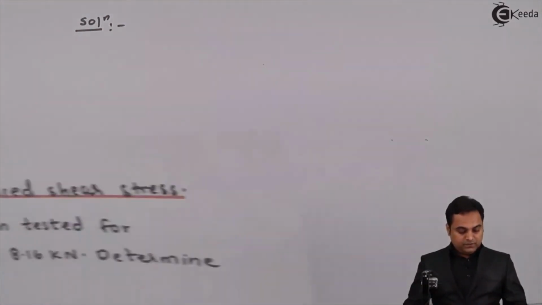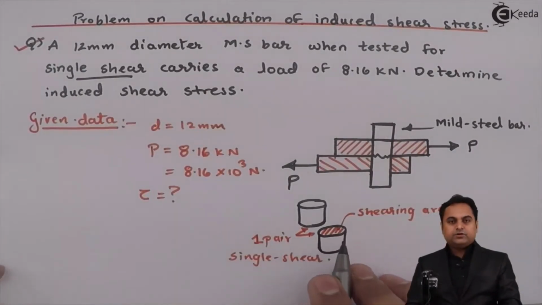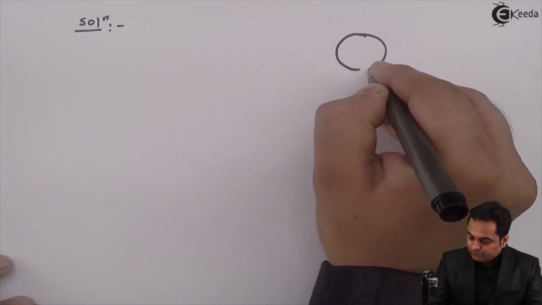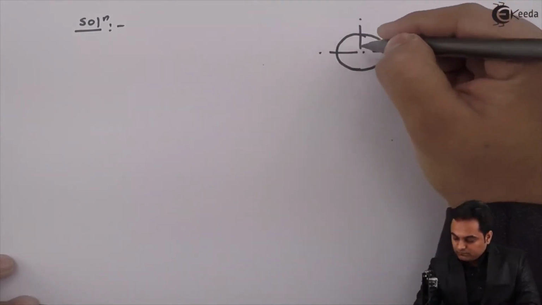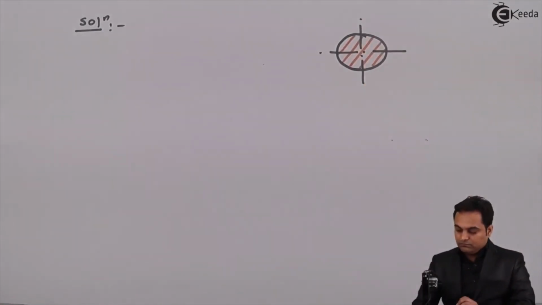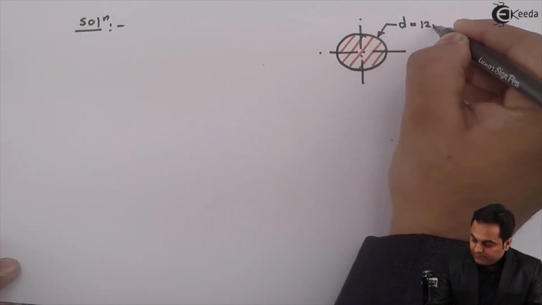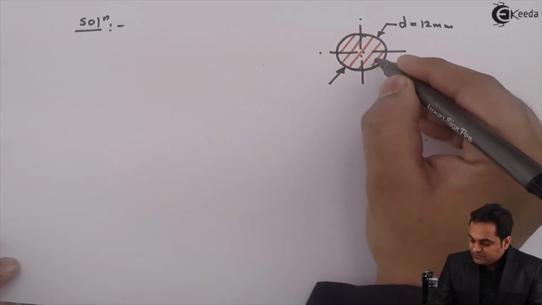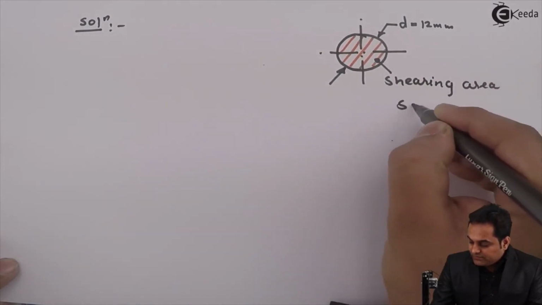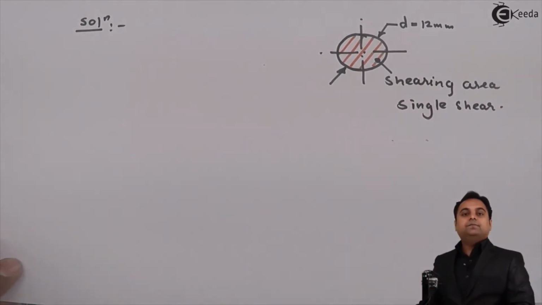Now as we can see in this problem, the shearing area is a circular cross section, so I'll draw this. Here we have this diameter as 12 and this is the shearing area, and it is single shear because we get one pair of area.